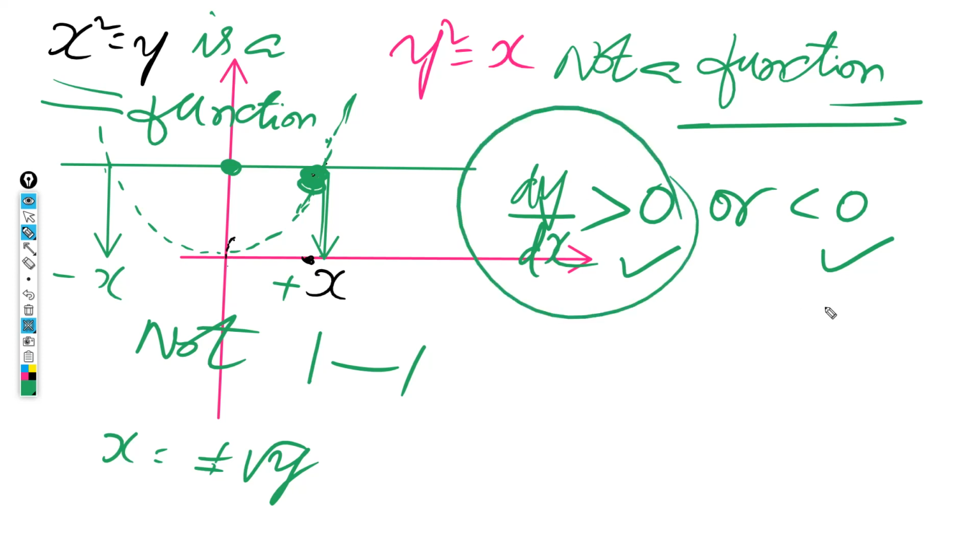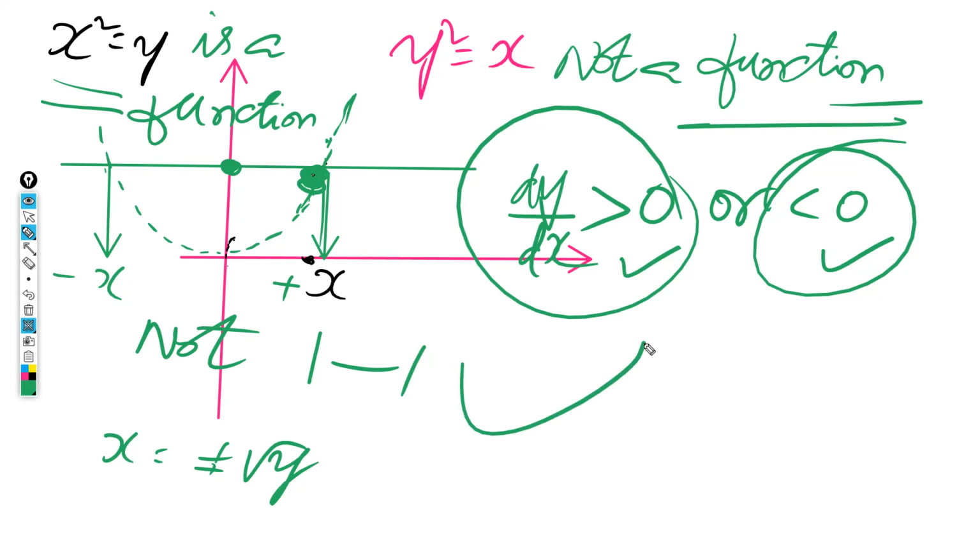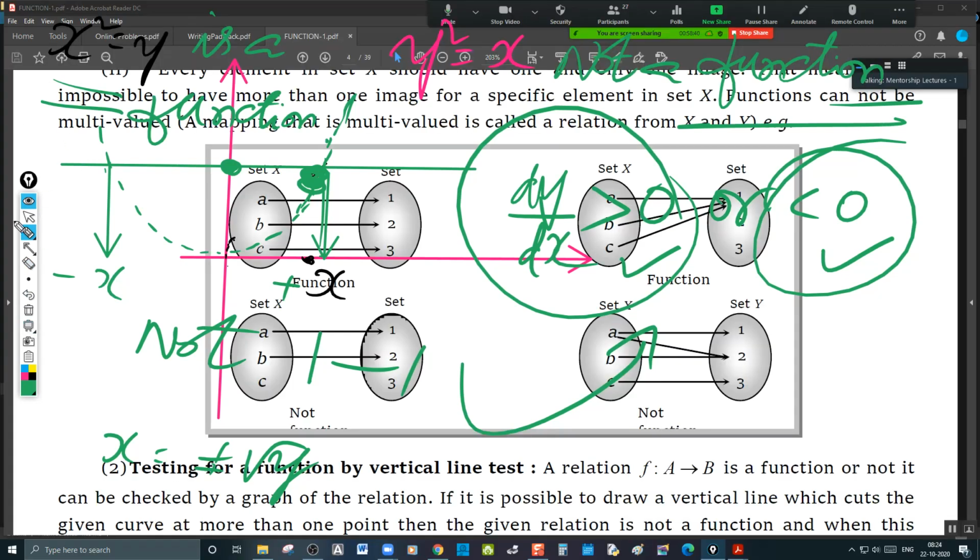Any monotonically increasing or monotonically decreasing function is always one-one. We'll be knowing that further, but these are the concepts to be revised.